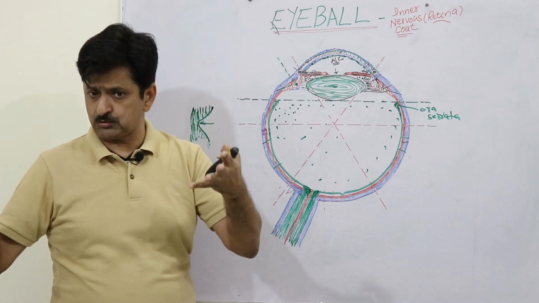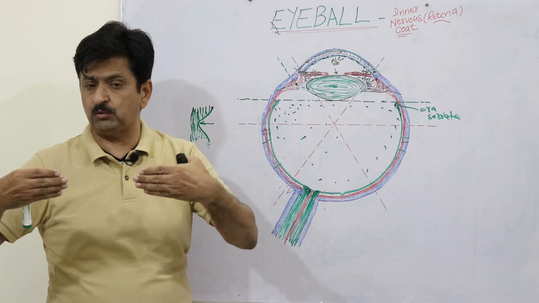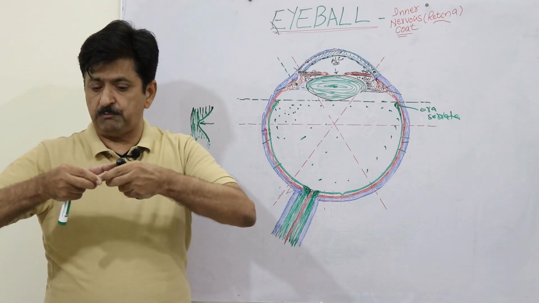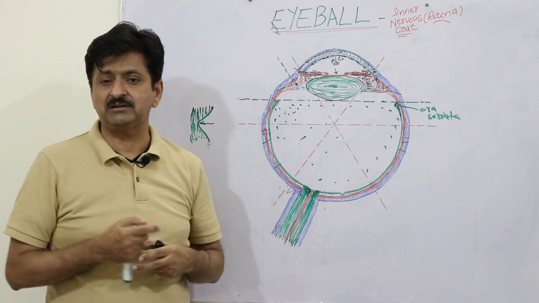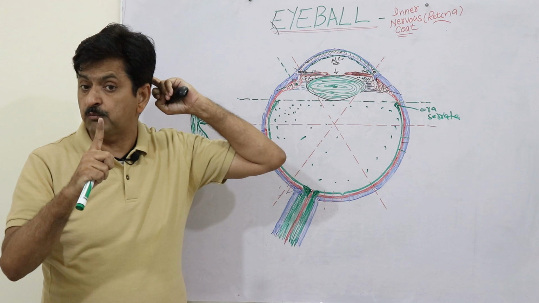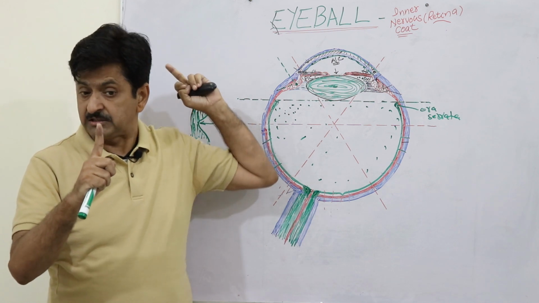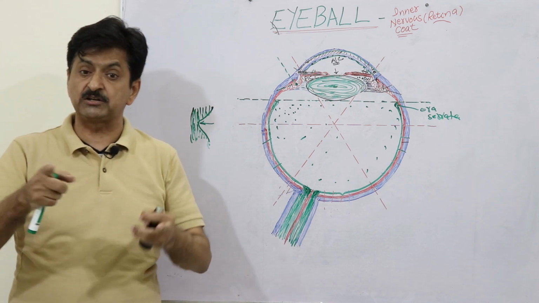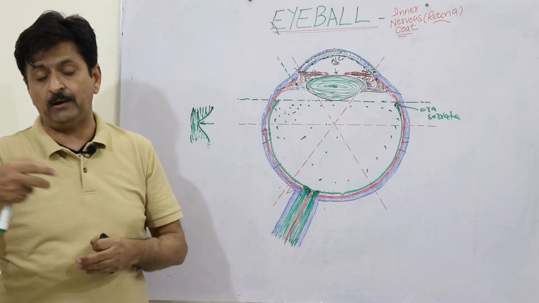The suspensory ligaments attached to the ciliary processes will get lax, so the elastic capsule will have less traction, and the bulging of the lens will take place, with more curvature and more convergence power. A nearer object, which was actually falling behind the retina, will this time now fall on the retina because convergence power is increasing and the refractive power of the lens has been added.